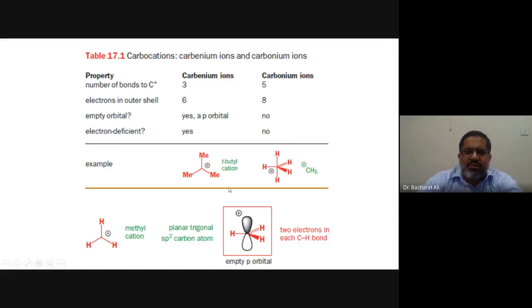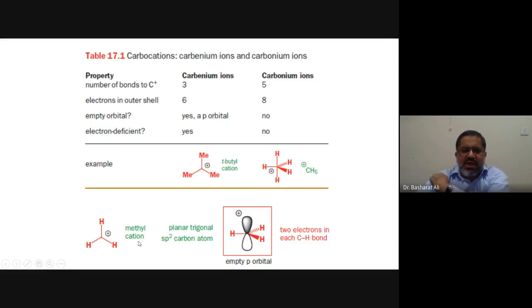Here you can observe the examples. It is the tertiary butyl cation, in which the positively charged carbon is present in the center of three methyl groups, while this is a CH5 positive carbonium ion, in which the positively charged carbon is in the center and five hydrogen atoms are attached to this molecule.